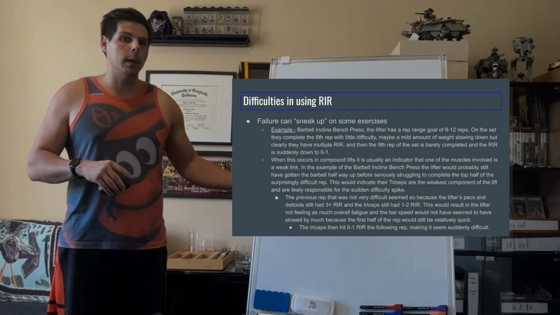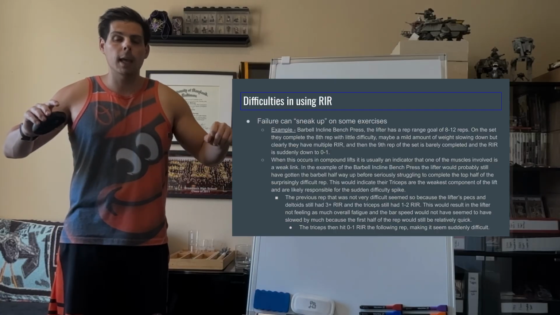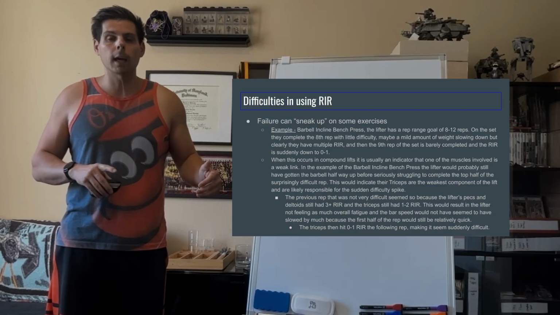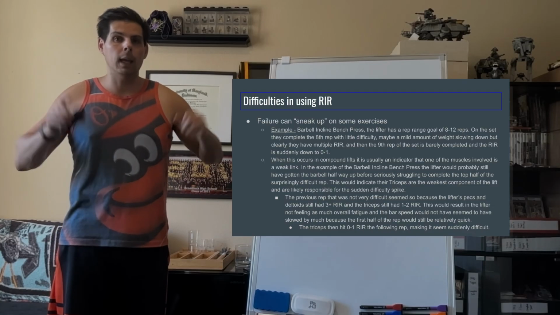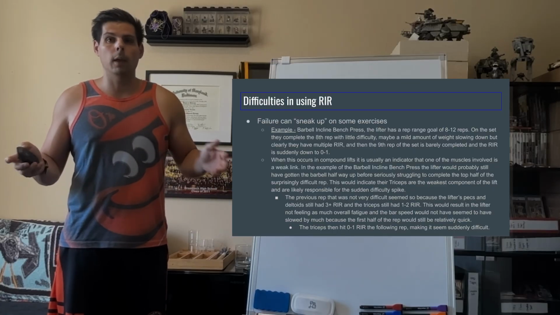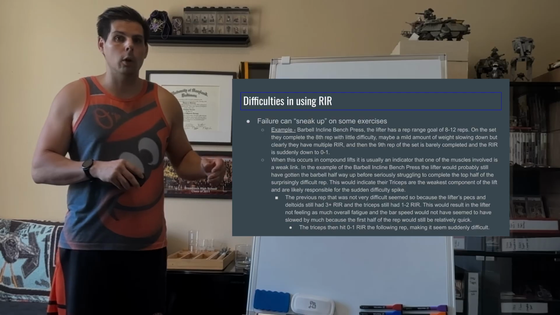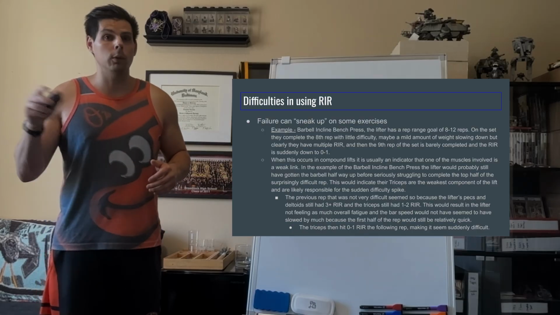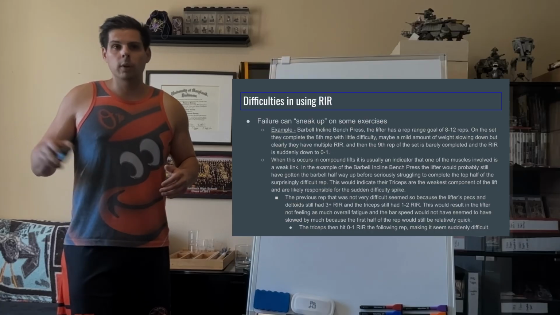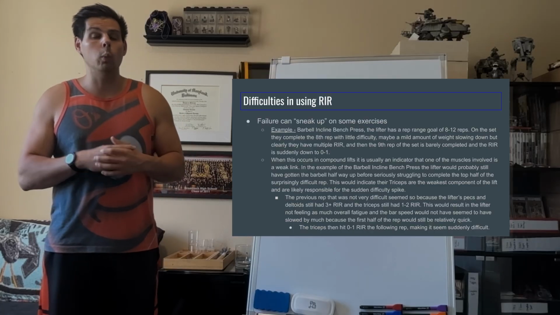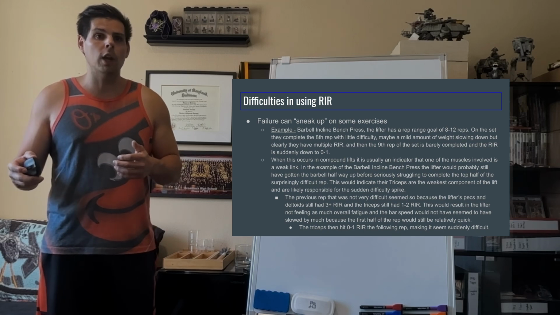And then they go do the 9th rep, and all of a sudden, halfway through, they hit the wall. It's all of a sudden a do-or-die grinder, and then they rack it, and they realize they didn't have another one in them. They all of a sudden went from having 2 to 3 reps in reserve to a maximum effort at the end, and failure was the next thing to come. When something like this occurs in a compound lift, it's usually indicating to you what the weakest link in that lift chain is.